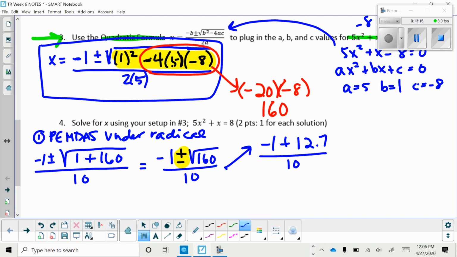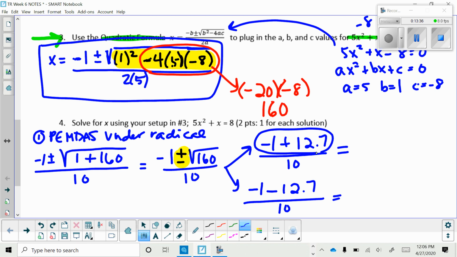And that's over 10. And then there's a negative version, negative 1 minus the square root of 160, which is 12.7 over 10. And then staying with your calculator, you're going to find each of those. You're going to do the numerator first, the negative 1 plus 12.7, which is 11.7 over 10, which is approximately 1.17.